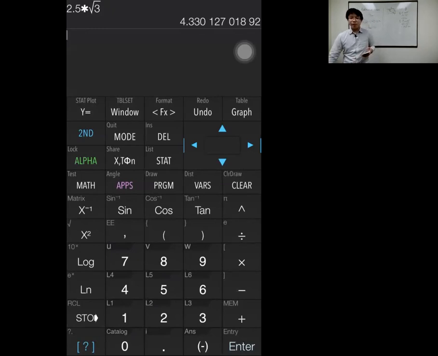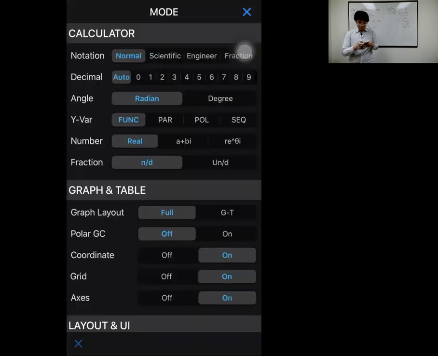Okay, so 4.33, in fact, let's double check if we actually use cosine, right? So if we use 5 times cosine of 30 degrees, and I have made sure I am in degrees already. So let's see, that makes no sense. Let's see, what did I do? And I'll check my mode. There we go. So make sure you are in degrees.